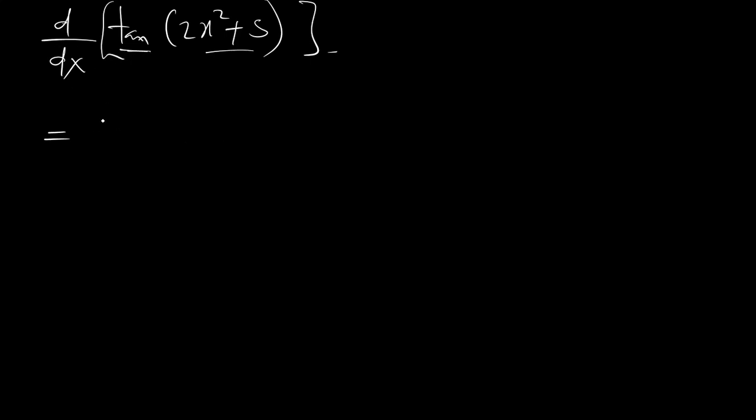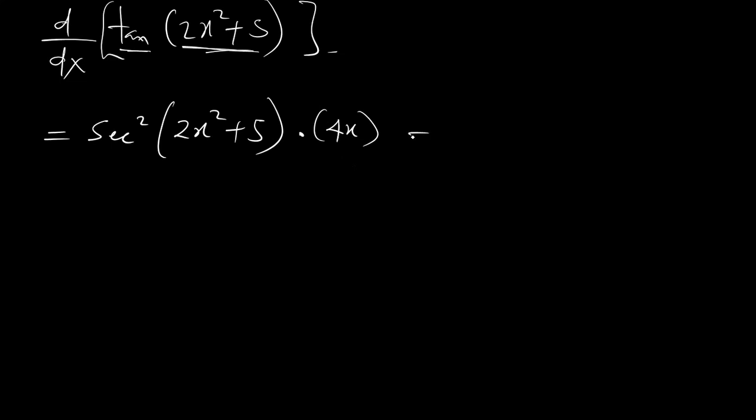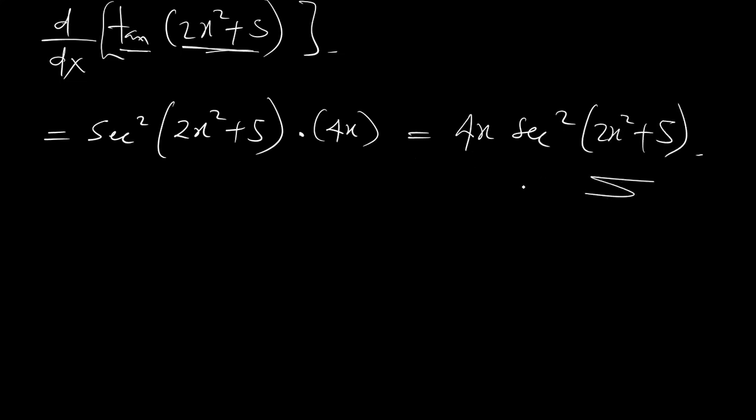So you have sec squared, which will remain the same, of 2x squared plus 5, then times the derivative of this function with respect to x, which is 4x. So the final answer will be 4x sec squared of 2x squared plus 5. So this is the final answer.